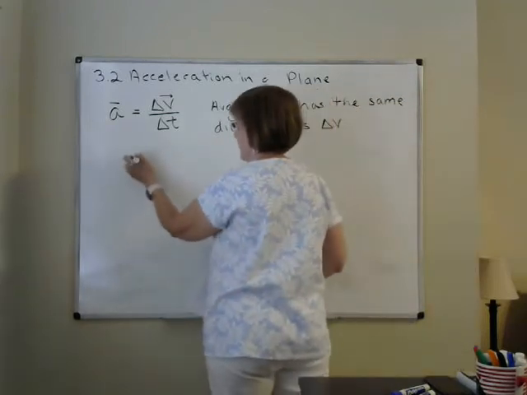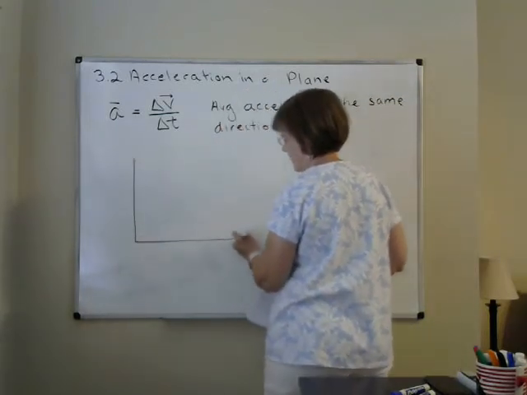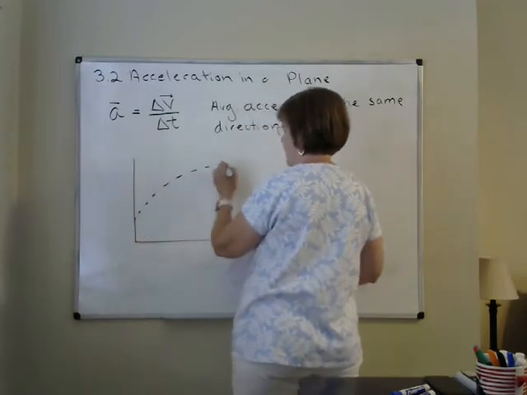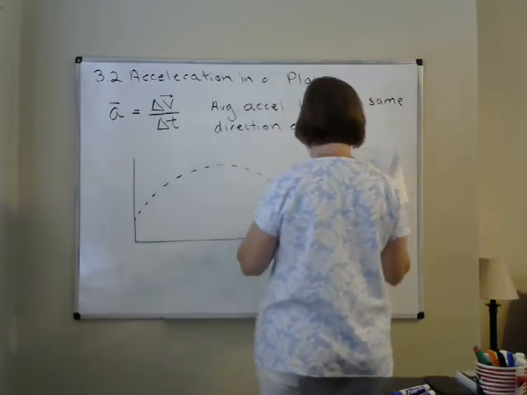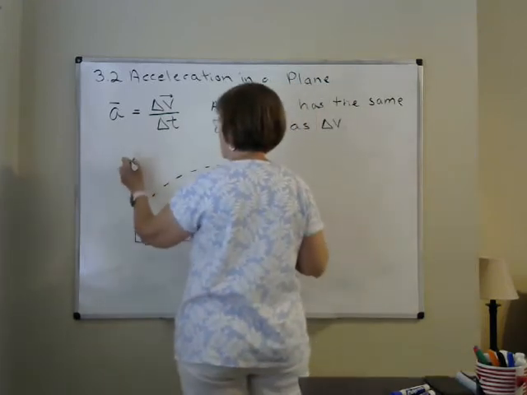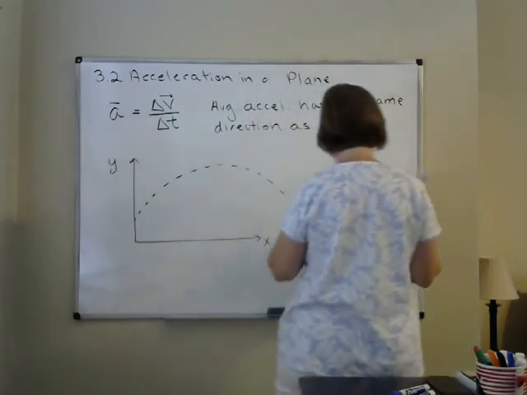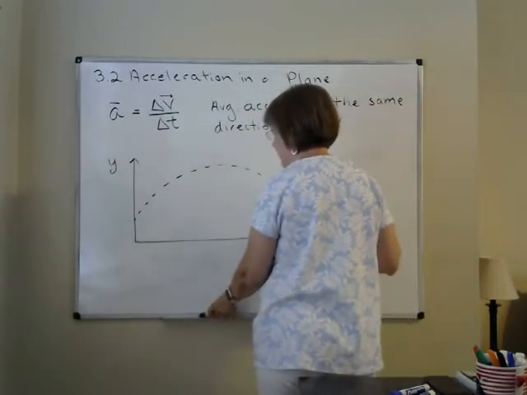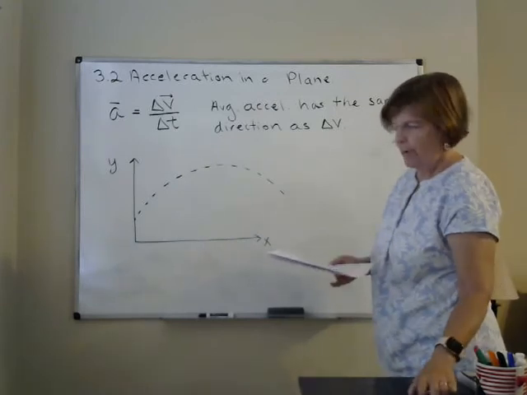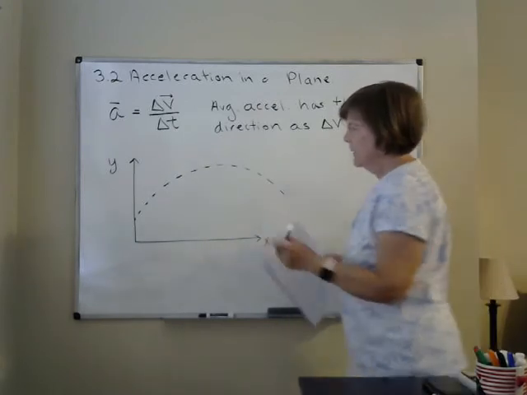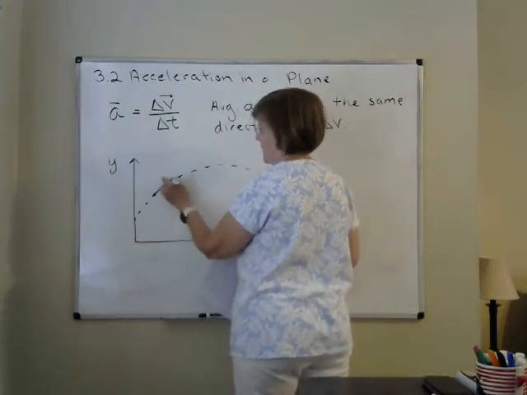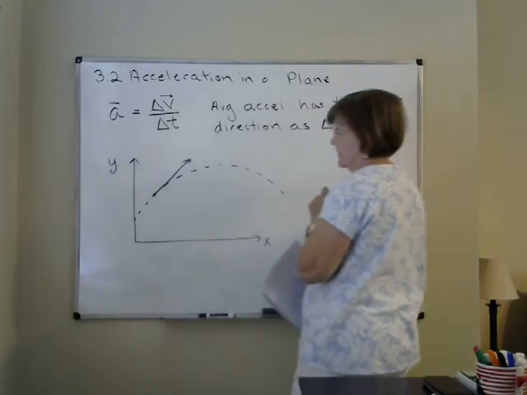If we look at a vector situation, let's draw, here's some object, and it's being thrown, and there's the x-axis, there's the y-axis. If we look at the velocity, we draw this velocity with a different color. We'll use purple. Right here, the velocity is tangent, it must be pointing generally that direction.